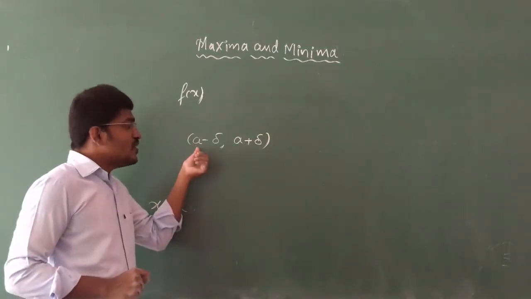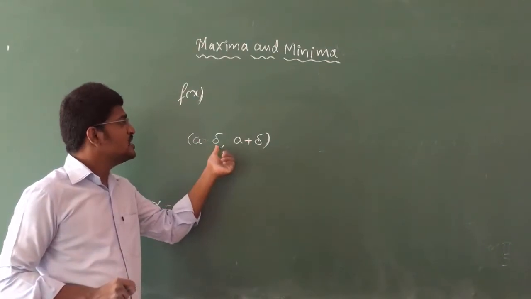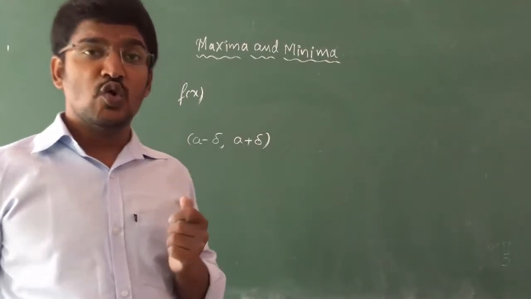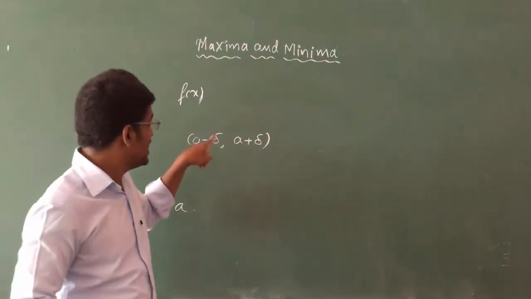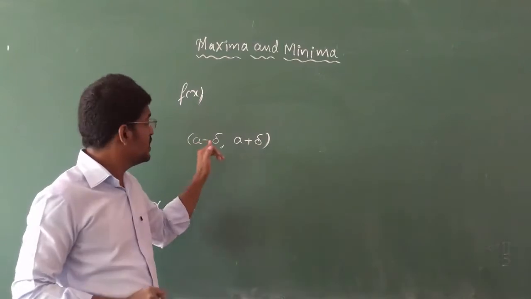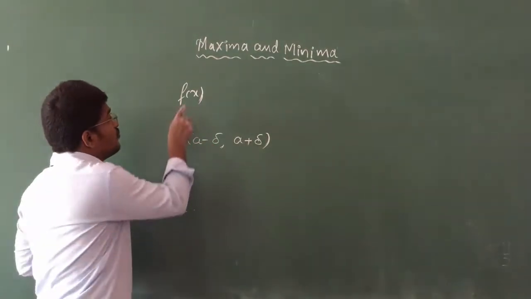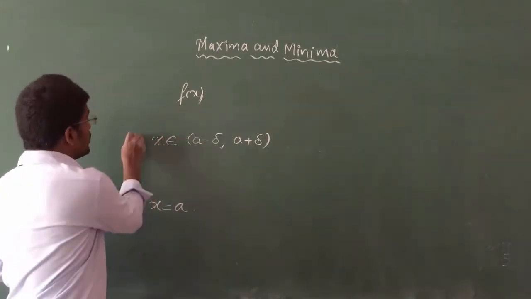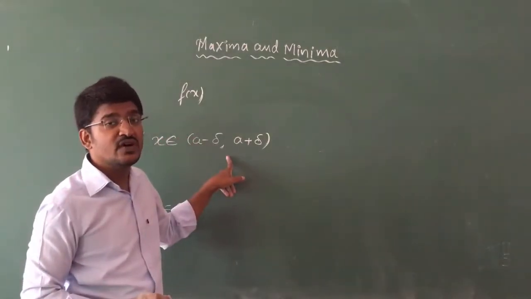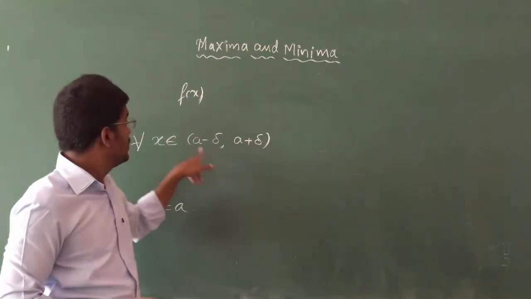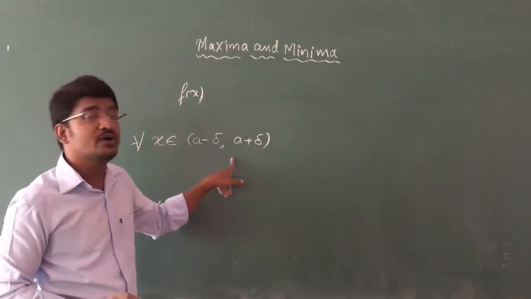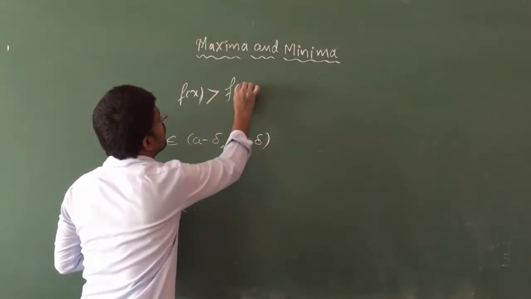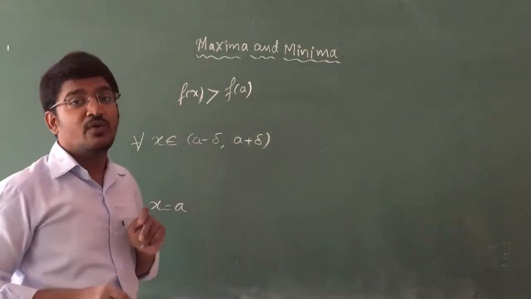Clear? Now I will create a neighborhood a minus delta, a plus delta for this f of x. So what you have to check, in this open interval, f of x, that means x belongs to this interval. For every x belongs to this interval, that is neighborhood interval, f of x must be greater than f of a. Are you getting my point?